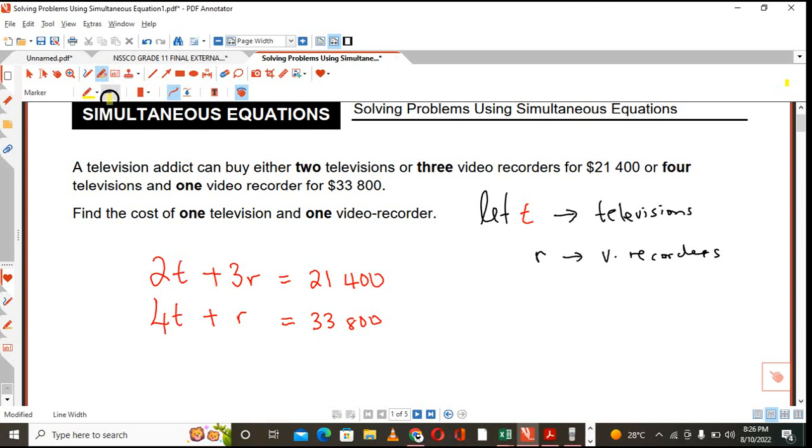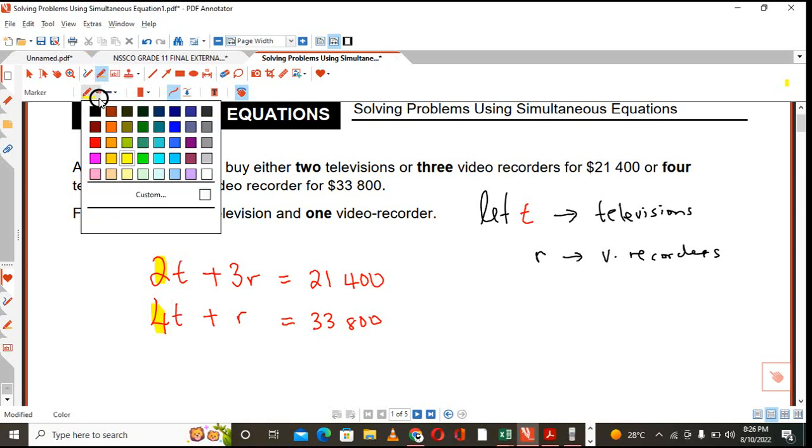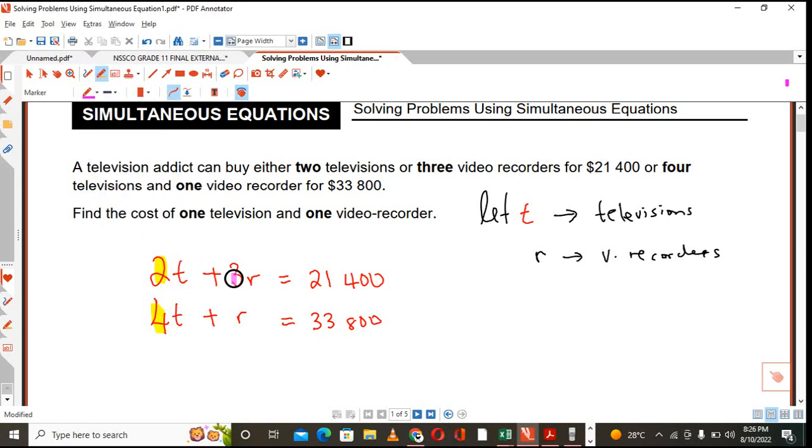What you need to understand is this coefficient here is 2, this one here is 4, so the coefficients are not the same there. Similarly, the coefficient of R is 3 here, and remember it's 1 here. We have to look for the one that is best for you to change.